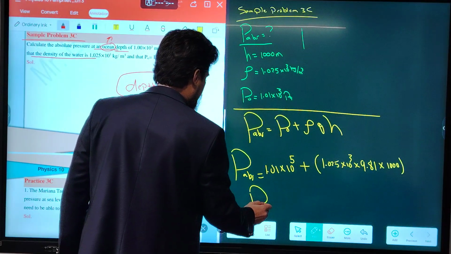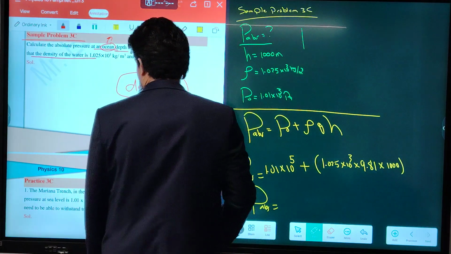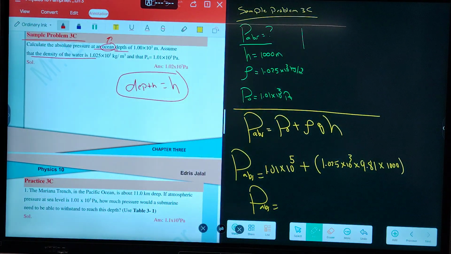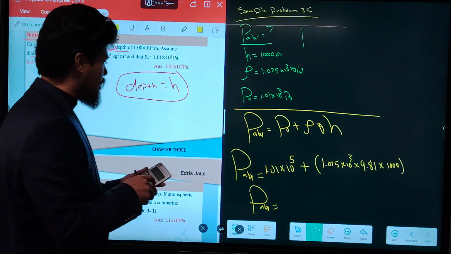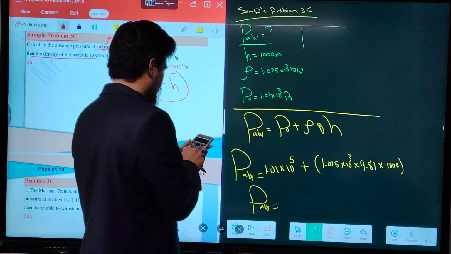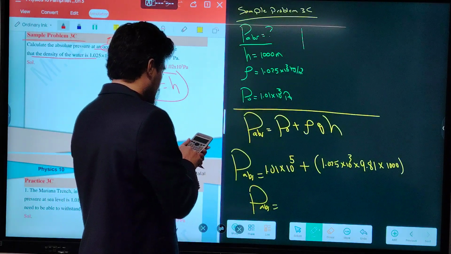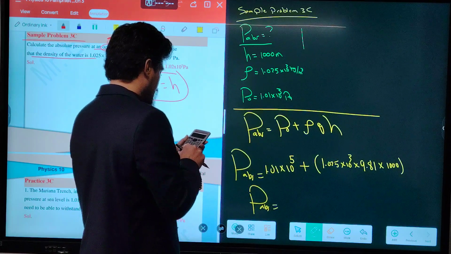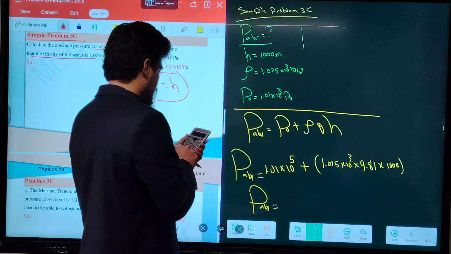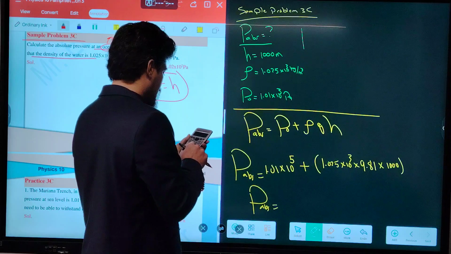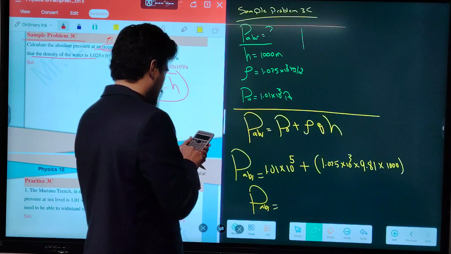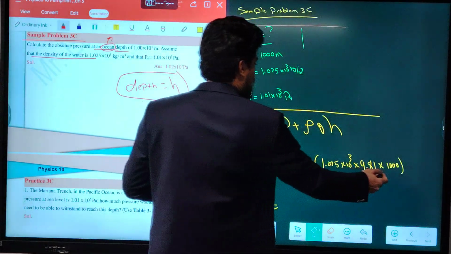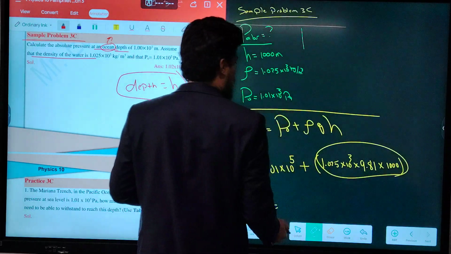So by your calculator, you can find out the total pressure or the absolute pressure. 1.025 times 1000 times 9.81 times 1000. At first you have to open this bracket.